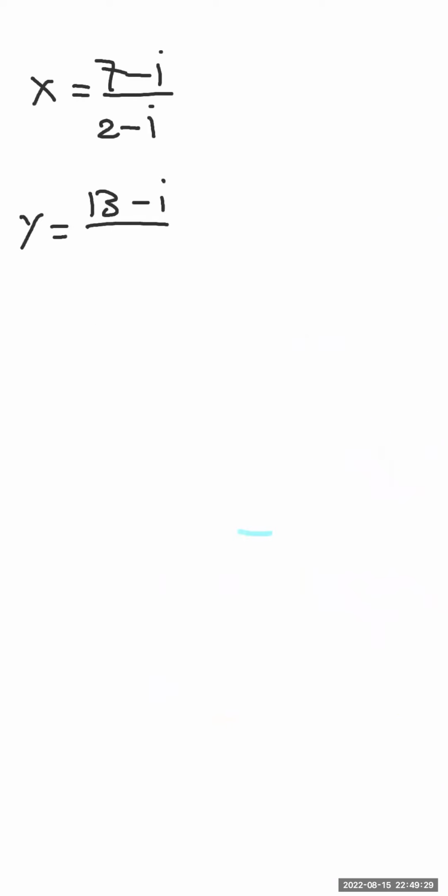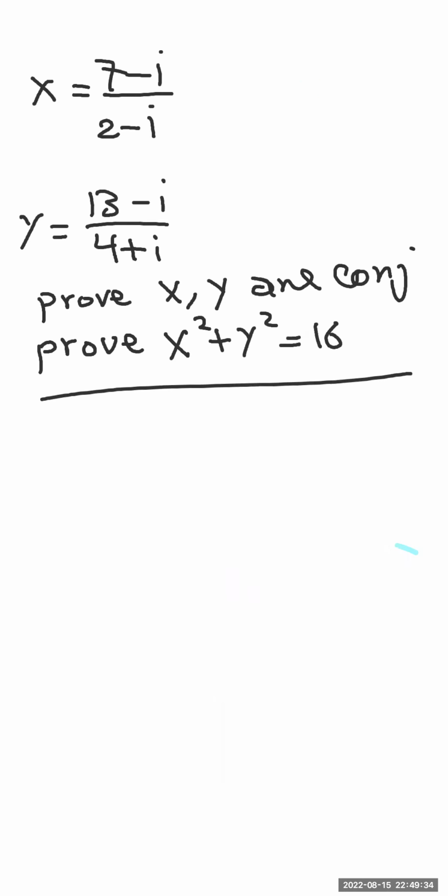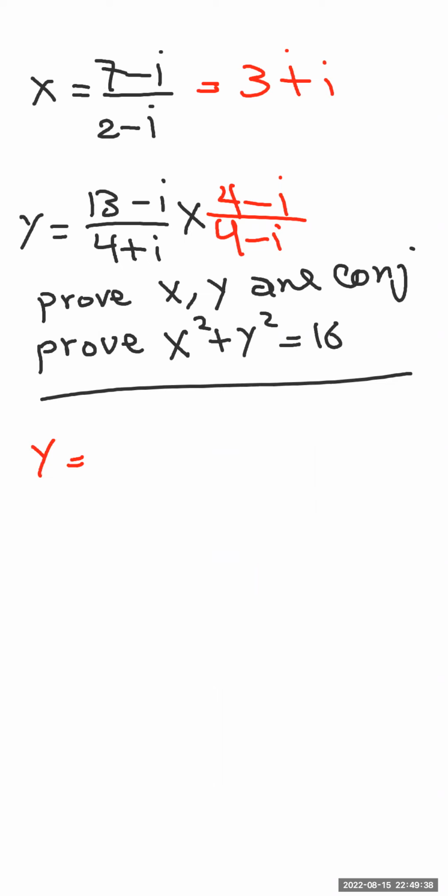Okay, now clear all this and write down y will equal, start the multiplication. First, I will multiply 13. So y equals 13 times 4, it's 52, minus 13 times i, 13i, minus i times 4, 4i, negative i times a negative i, plus i squared, over the denominator.